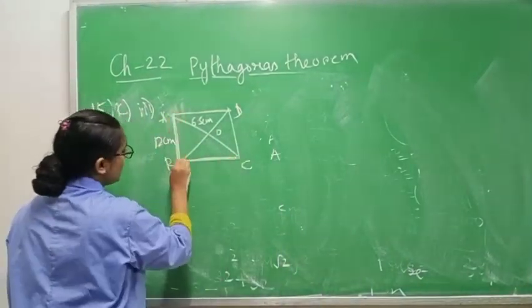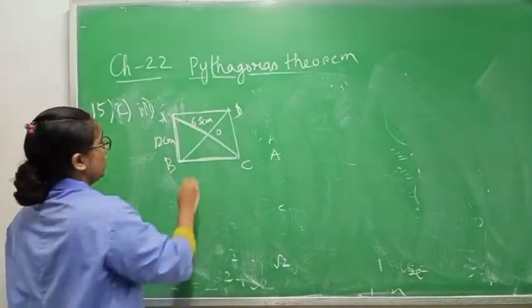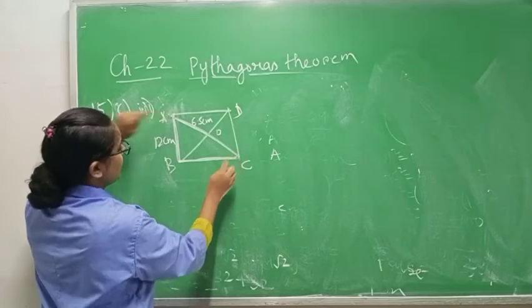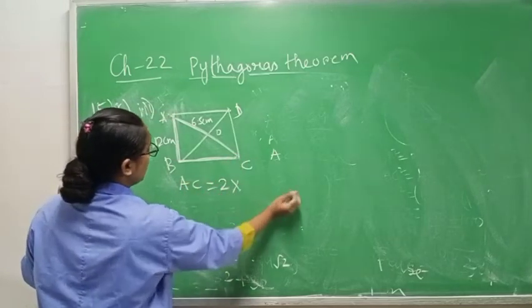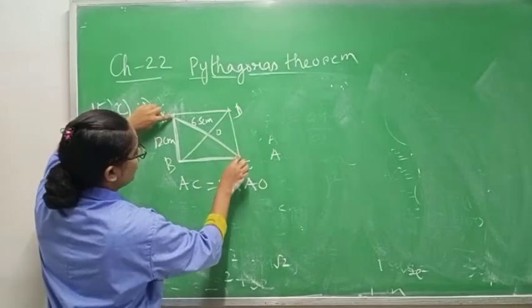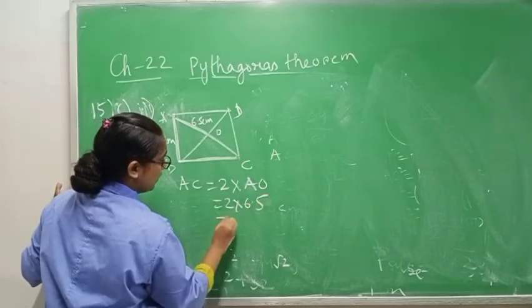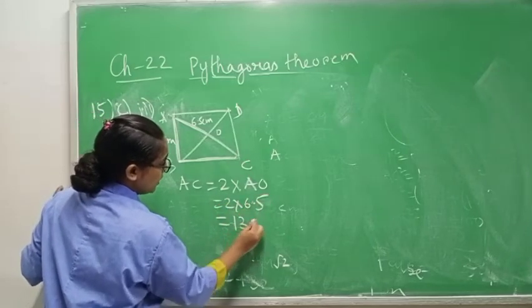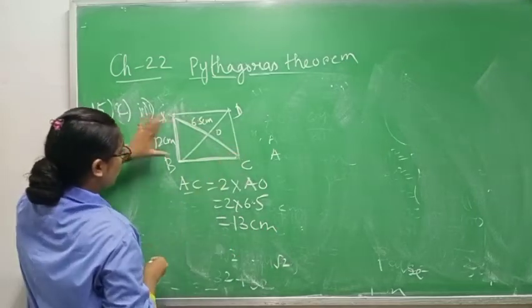So you can see this ABC is a triangle because it is a rectangular shape. So with AB known, you can get AC. How? AC equals double of AO. Why? Because AO is half, so AC is double. So 2 into 6.5 gives you 13 centimeter. So the full AC is 13, and AB is 12.